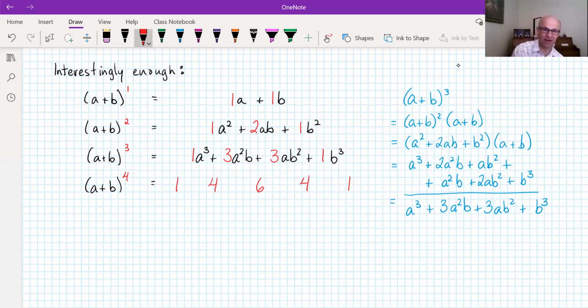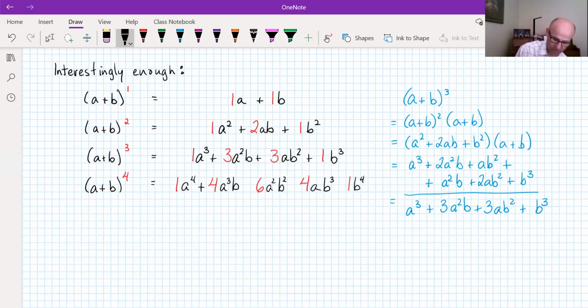My a variable, or the portion in front of the binomial, starts with the highest power, a to the 4, and proceeds downward, descending in power, a cubed, a squared, a, and technically a to the 0, but we wouldn't show that. My b power, or my second part of my binomial, goes exactly opposite. B to the 4, b to the 3, b squared, and b. And then, of course, I just add them all together.